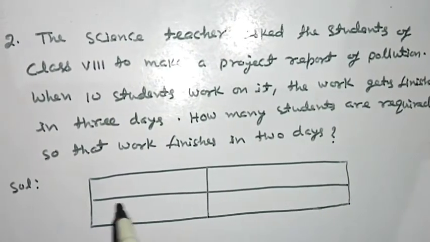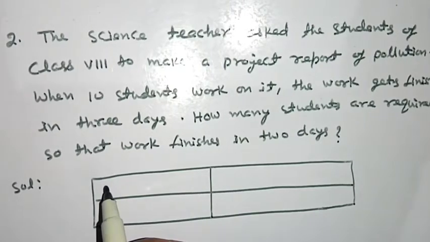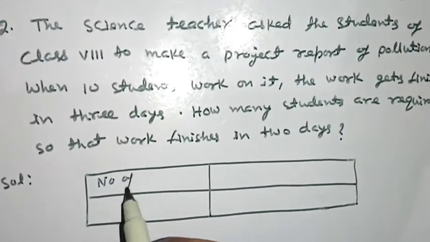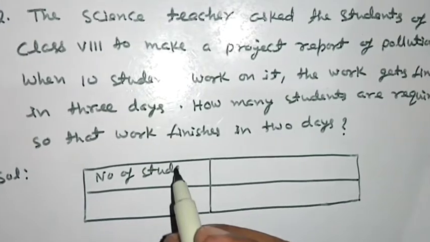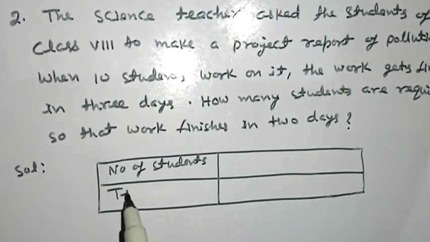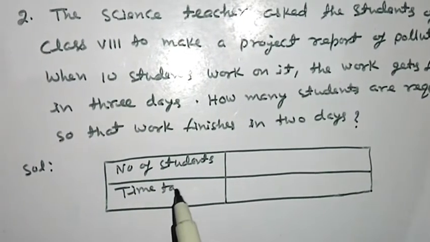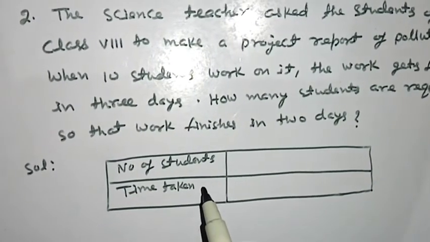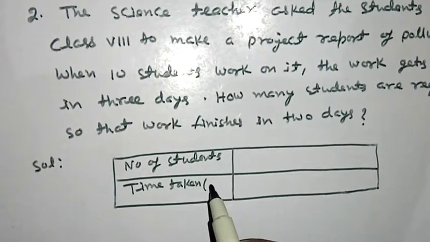And write two quantities. First quantity is number of students. Next, time taken, time taken in days.